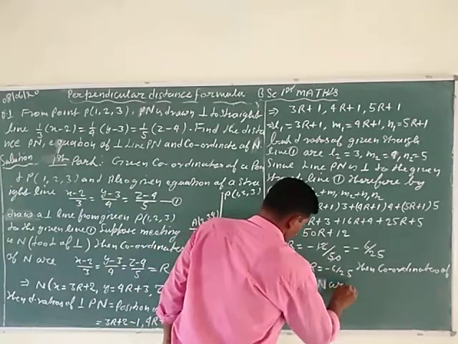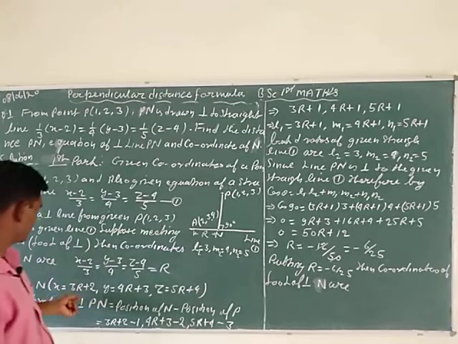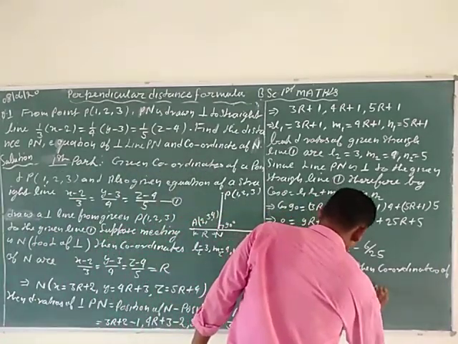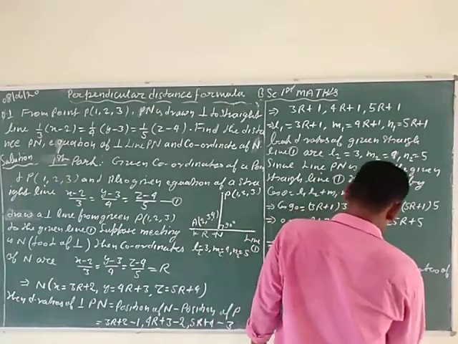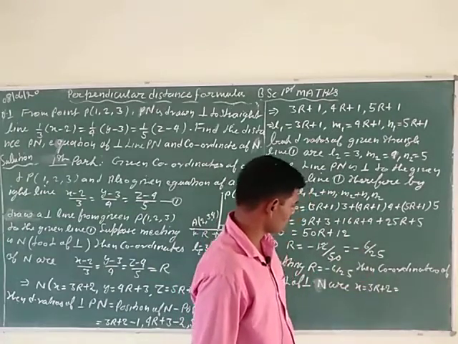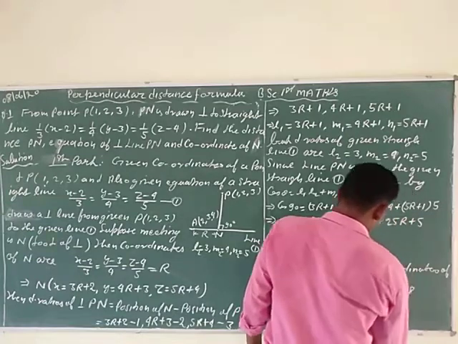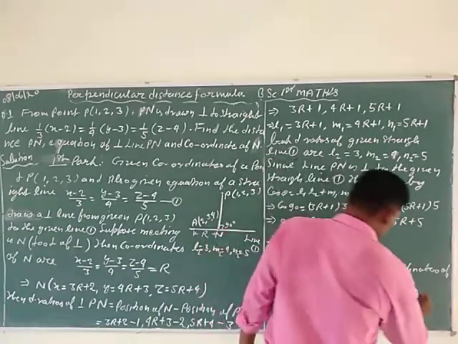Coordinates of N are: x is equal to 3R plus 2, putting the value of R, multiply 3 with 6 is minus 18, and 25 multiplied with 2 is equal to 50.